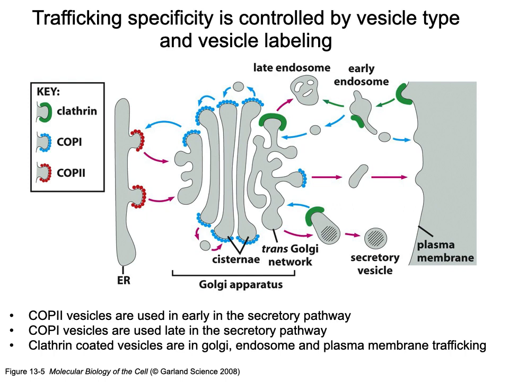If we have COP1, movement would indicate that we would go from the trans side of the Golgi to the cis side of the Golgi. Clathrin-coated vesicles are where we would have initiation of endocytosis.